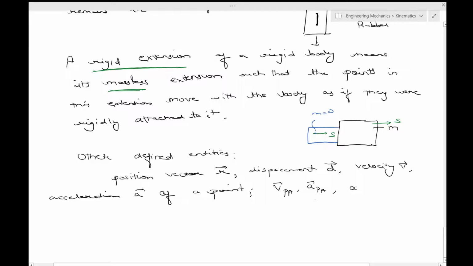Then you have the angular velocity omega, you have the angular acceleration, okay, the dot represents a time derivative, okay, of a reference frame.